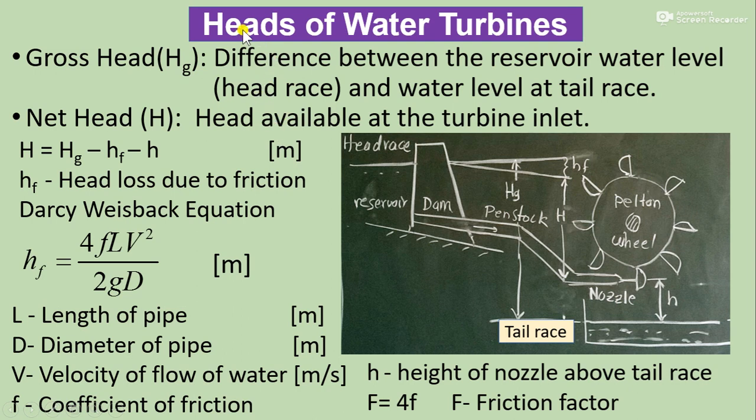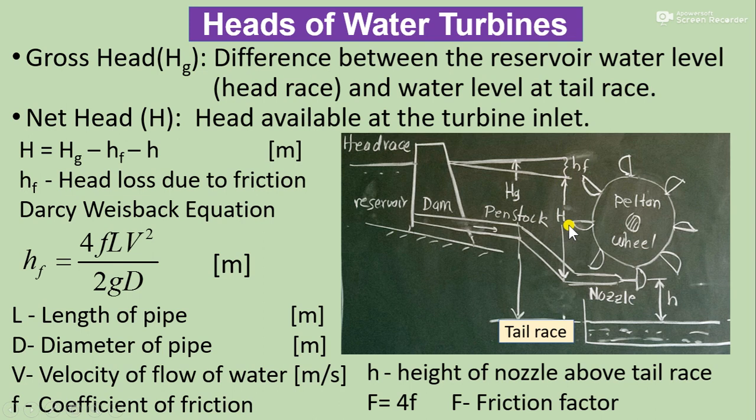Let us see different types of heads of water turbines. In this diagram you can see a dam, headrace level, tailrace level. This is a penstock carrying the water to the Pelton wheel. So difference between headrace and tailrace is given by the term gross head, that is Hg in meter.